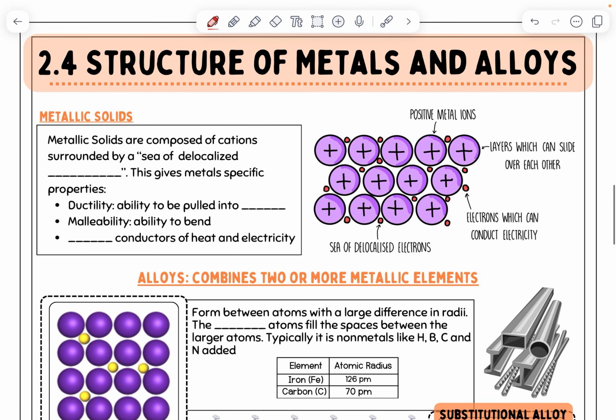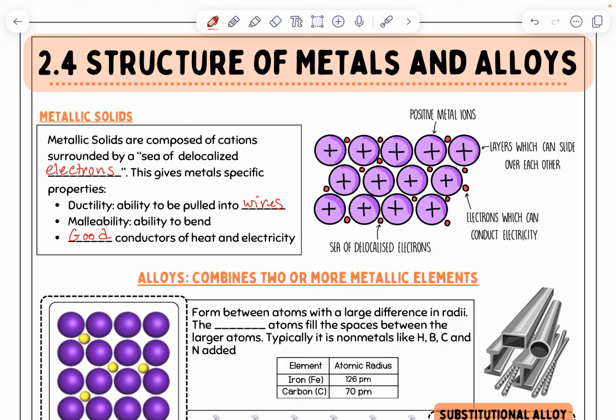This unit, we're talking about metallic solids, and metallic solids are composed of cations surrounded by a sea of delocalized electrons. And I mentioned this a little bit in 2.1 when we talked about types of bonds. Their properties are ductility, that's the ability to be pulled into wires, and malleability, the ability to bend, and also that they're good conductors of heat and electricity.